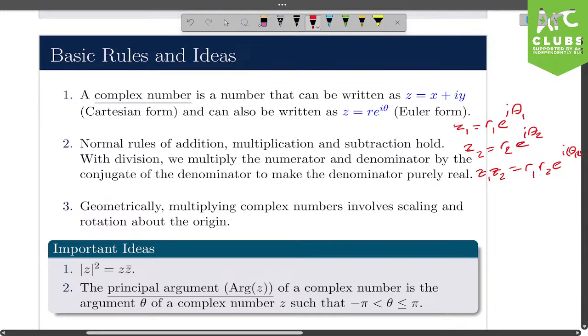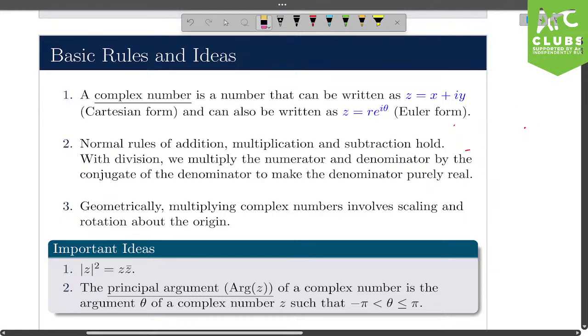So basically, the argument is additive, but the modulus is multiplicative when you multiply.